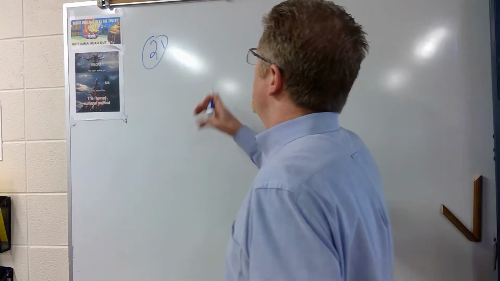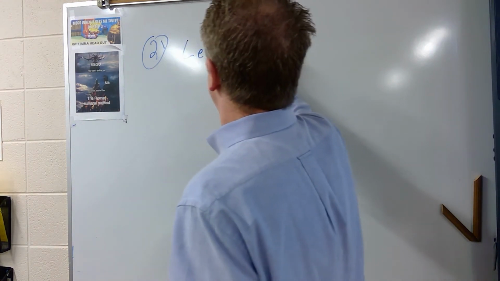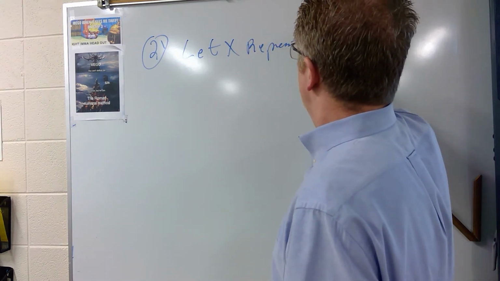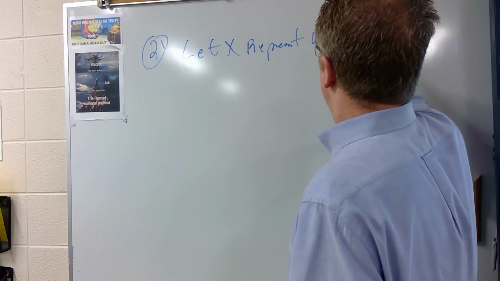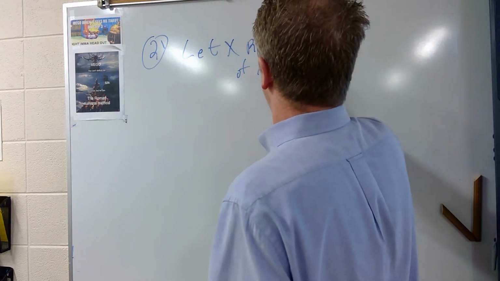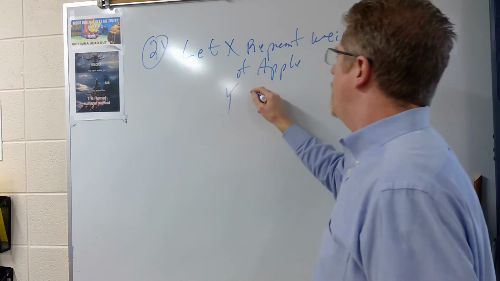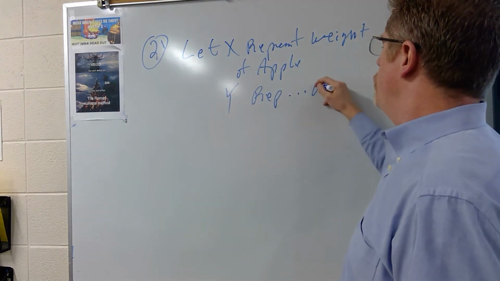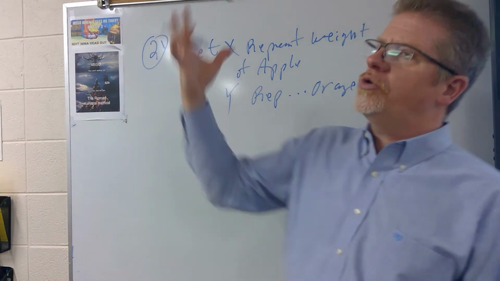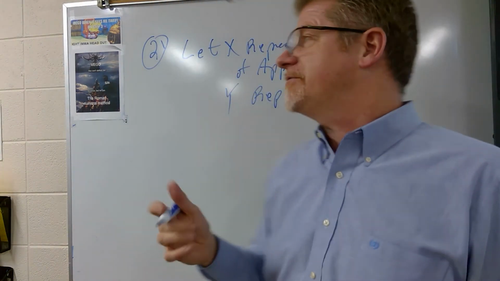Let's say that we're going to let X represent the weight of a randomly selected apple, so of an apple. We're going to let Y represent the weight of an orange. It's a random variable because when you pick an orange at random, it's going to have a mean and standard deviation.